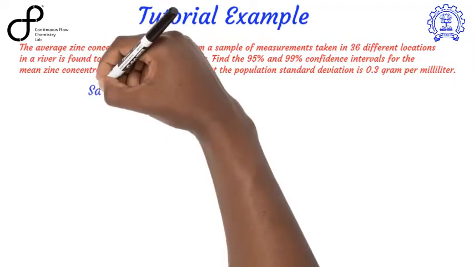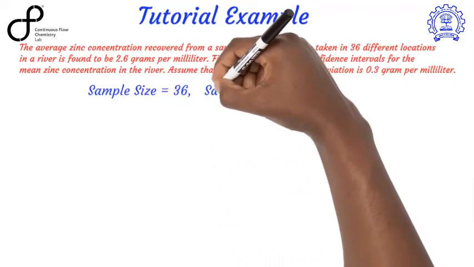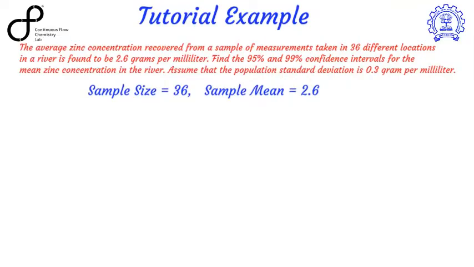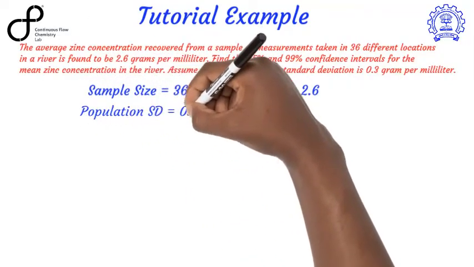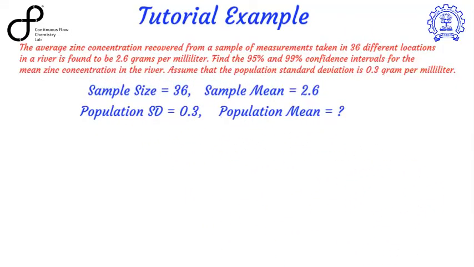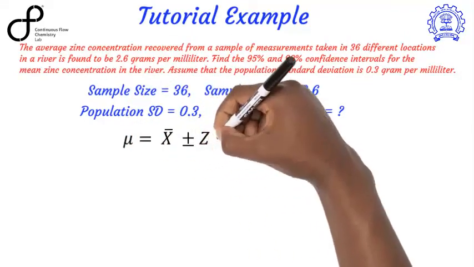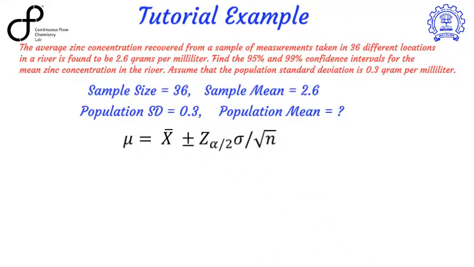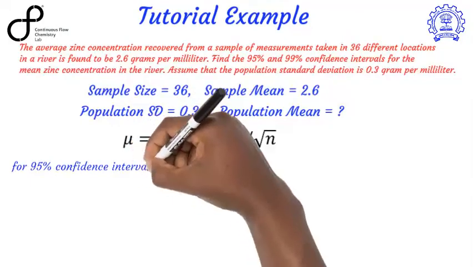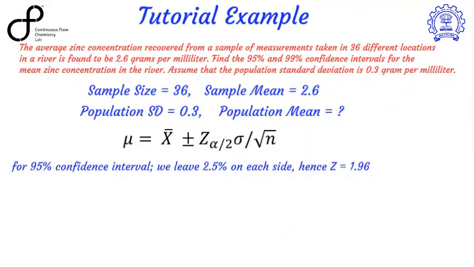In this case, sample size, sample mean, and population standard deviation are given. We need to find out the range for the prediction of population mean for different confidence interval. Therefore, we will need to use the following formula. Now for 95% confidence interval, we need to leave 2.5% area on either side.